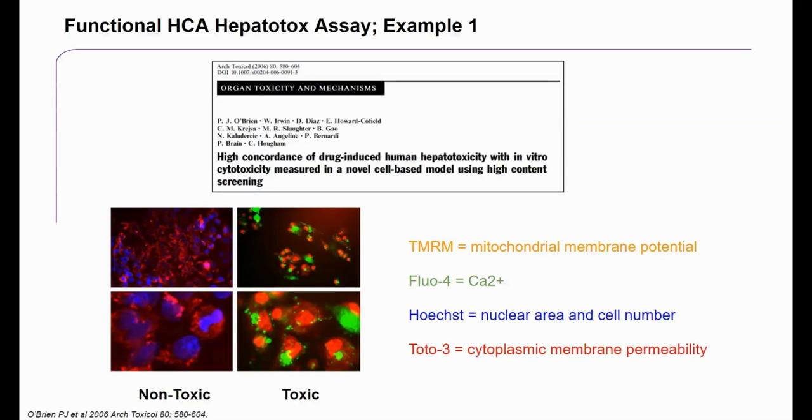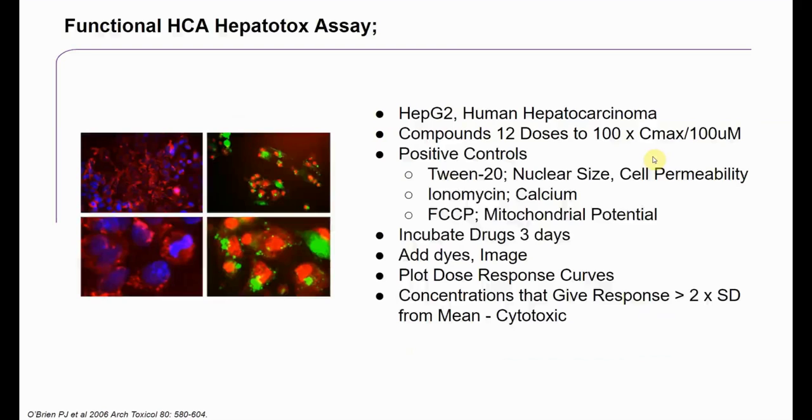So you can see that here on the left, these are cells that have been treated with a control, and then here cells that have been treated with a hepatotoxic compound. Now, the cell line that they decided to use here was HepG2, which is a human hepatocarcinoma cell. And so this has some metabolic activities that make it suitable for this type of work.